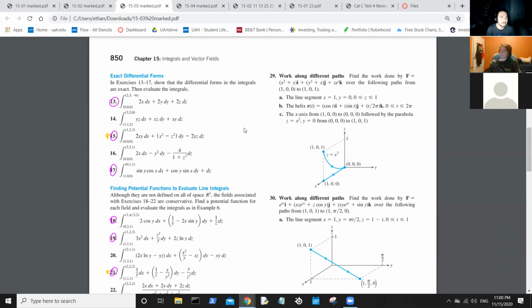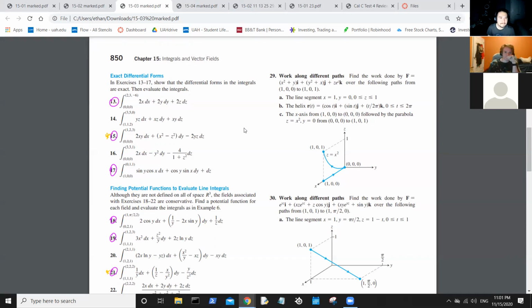Indeed. All right. We have to pick one of these exact differential forms questions to do. I've reached the point where I have absolutely no clue what's happening, so it'll be the same type of guessing. Show that the differential forms of the integrals are exact, then evaluate the integrals. How does one show they're exact?